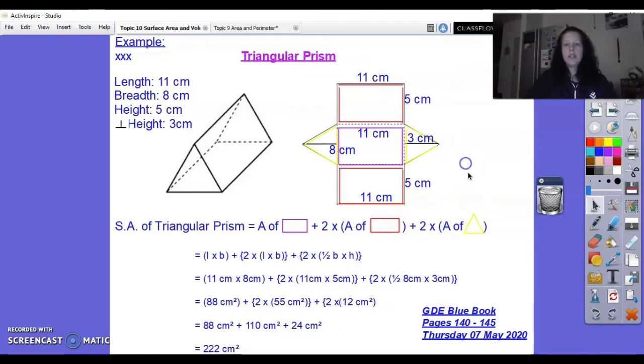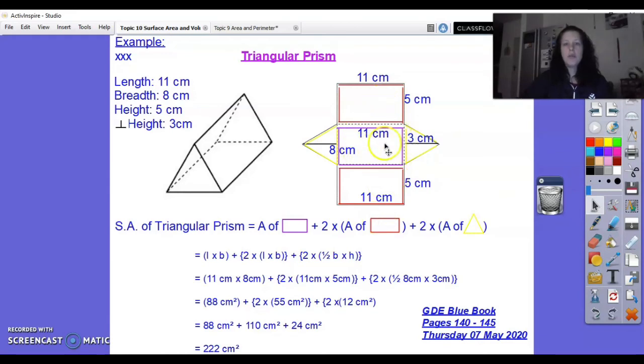So the most important thing that you can take away from all of these examples is that it is important to color code each shape individually. Okay, so in this instance you have 2 red rectangles, so they must be the same in dimension.